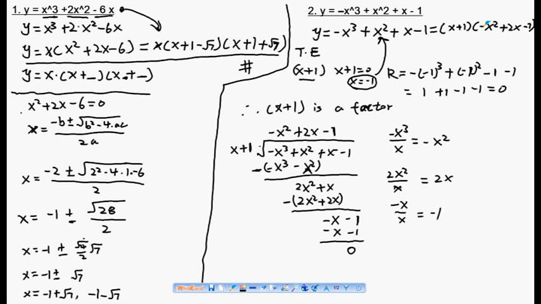We try to rearrange it just to make it simple. It equals minus x plus 1 times the second bracket.